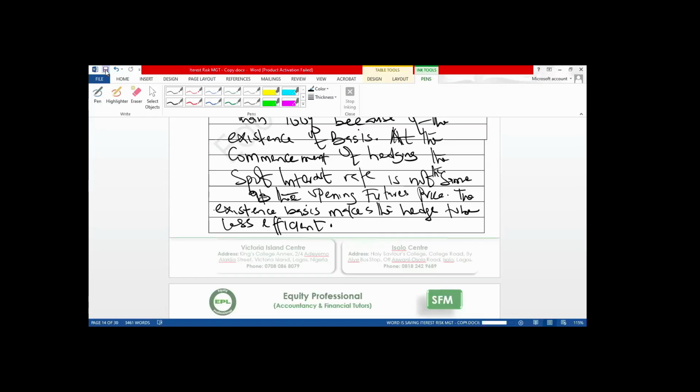Examiner may take option theory, foreign currency hedging or interest rate hedging. Between these three topics, 20 marks will be tested.